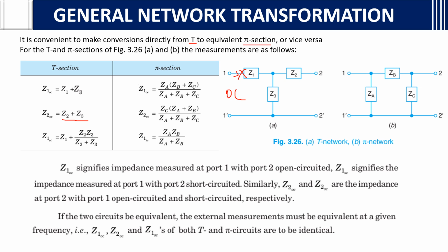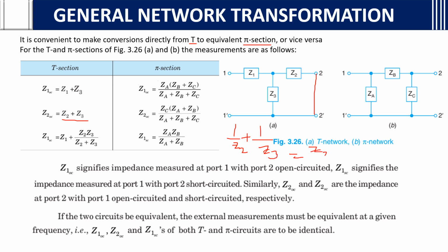Then Z1 SC. Z1 SC means Z1 short circuit. How are we short circuiting? We are keeping Z1 like this and we are short circuiting the second port side. So how are we going to represent that? These two are in parallel, no? Parallel equation, how will we write? 1 by Z2 plus 1 by Z3. If you take LCM, then what you will get?